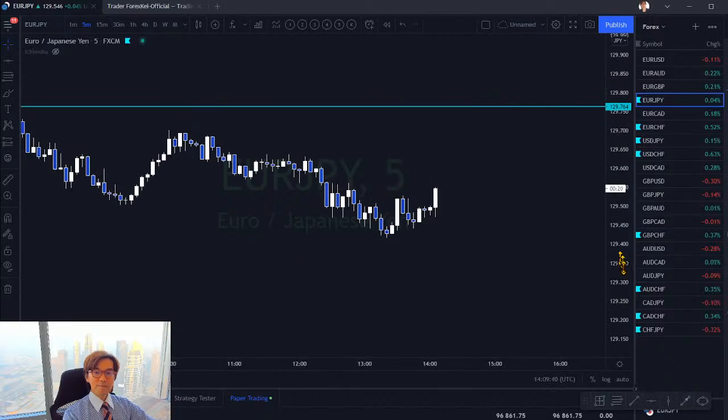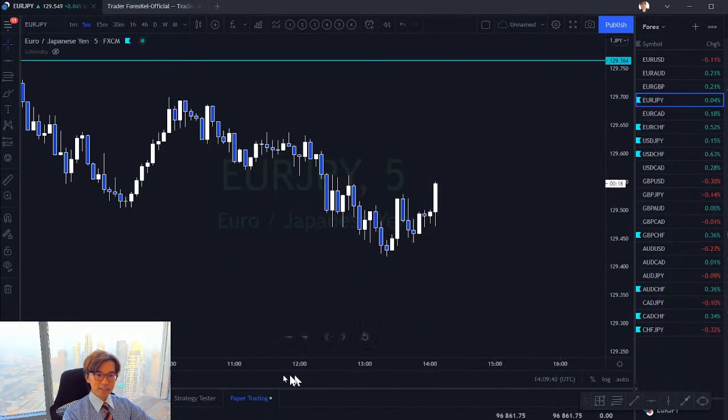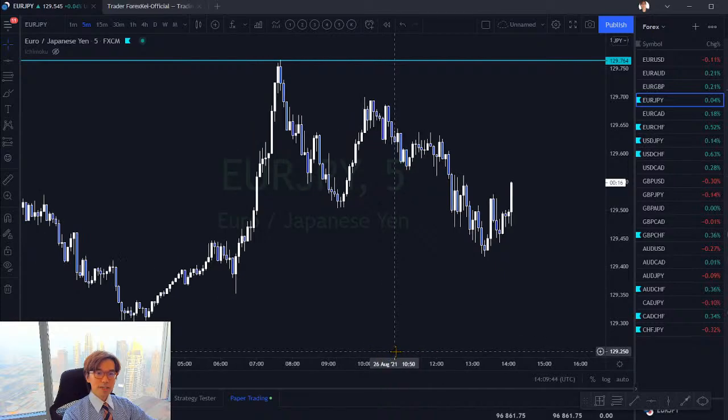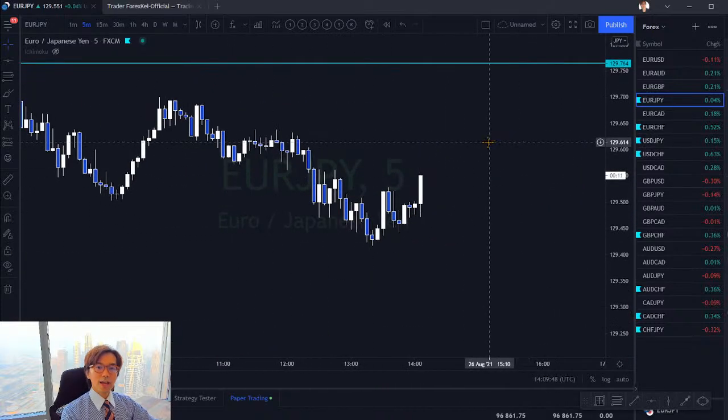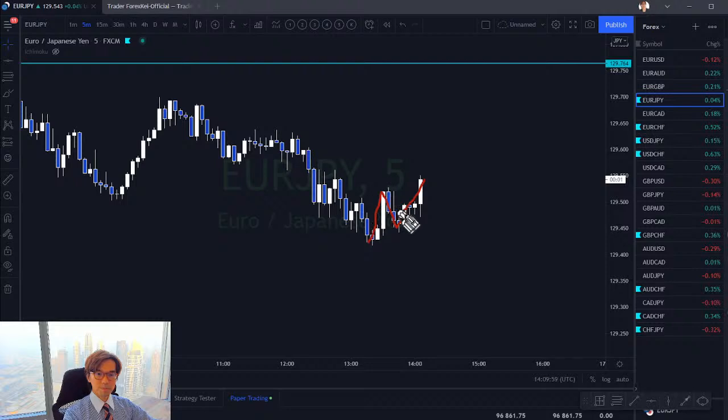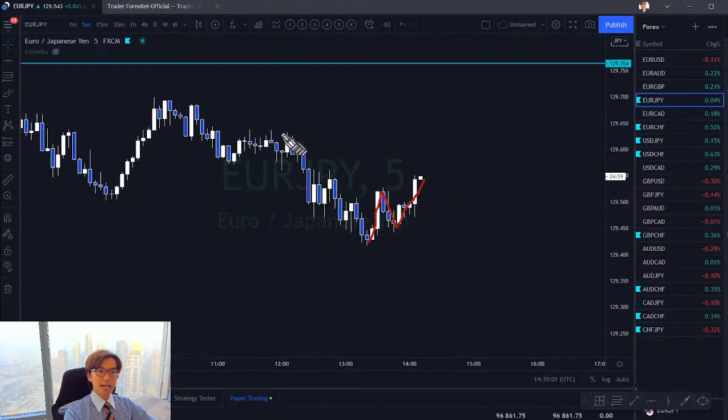So here is the 5-minute chart. In the 5-minute chart, I look at the wave analysis. I look at the wave formations. We can see that there is a bullish N wave right now. It has been bearish before, but now looks like the market is on bullish mode.